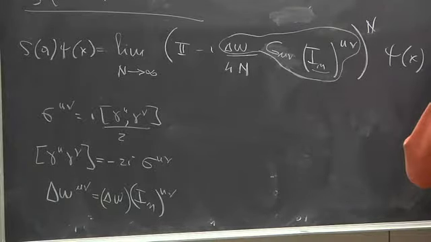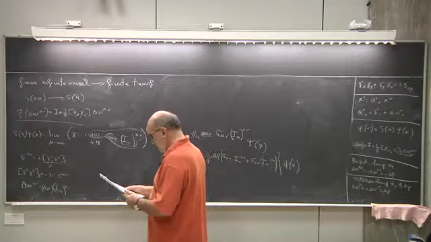Then I have sigma 0,1 times I N01 plus sigma 1,0 times I N01. Okay, am I right? Yes. So I have to take this and apply it on psi of x.